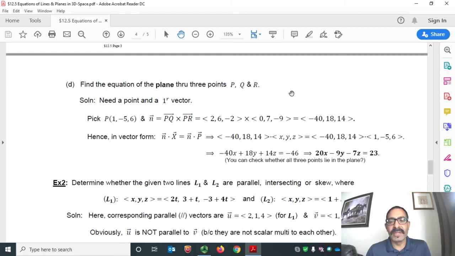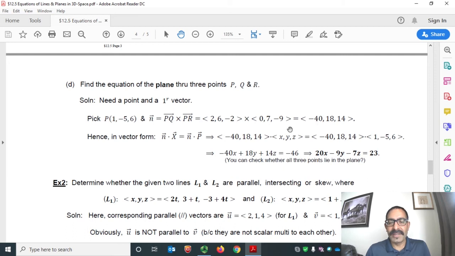So write the determinant: first row i, j, k, second row the components of PQ, third row the components of PR, and expand that 3 by 3 determinant. Finally, it turns out to be this vector, (negative 40, 18, 14). Hence, the equation of the plane in vector form through these 3 points turns out to be, by the formula, n dot x equals n dot p.